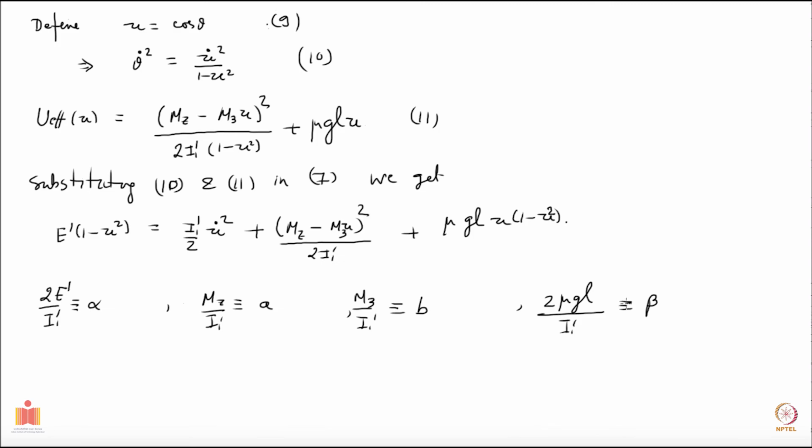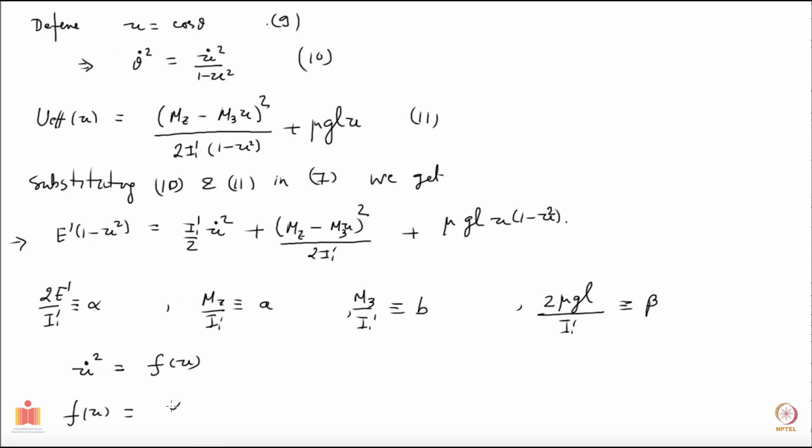So with this, my equation becomes the following. You can substitute this definition into this equation, and you will obtain u dot square, and the entire remaining thing will be some function of u, where f of u is given by the following.